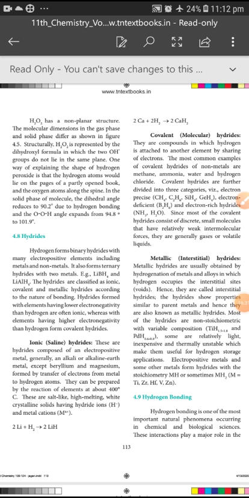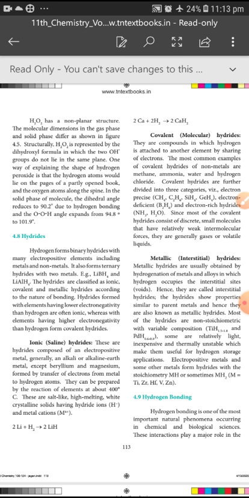Metallic hydrides are usually obtained by hydrogenation of metals and alloys in which hydrogen occupies the interstitial site. The hydrides show properties similar to the parent metals, hence they are also known as metallic hydrides.